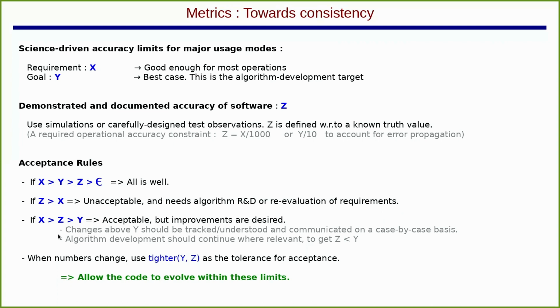The gray zone is the more interesting, where what your software can do is good enough for most operations, but not good enough for everything. So it's acceptable, that means you can operate, you need not block operations, but improvements are obviously desired. And this is the gray zone where one gets into the state where you need to now track changes and understand every little change.